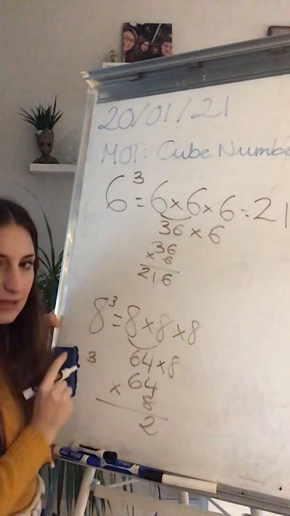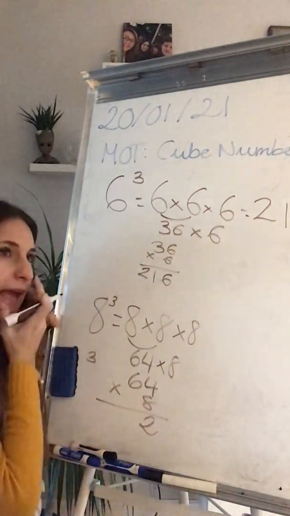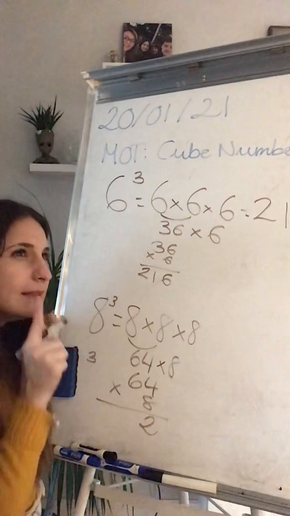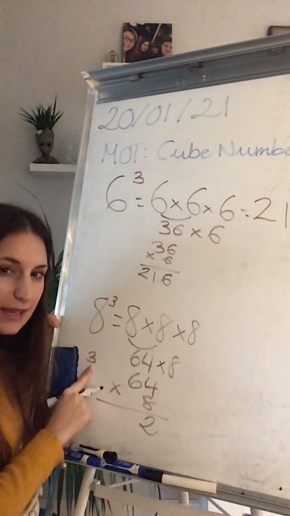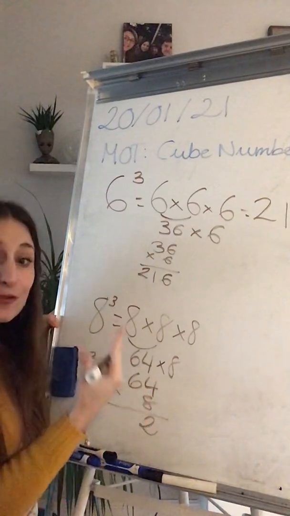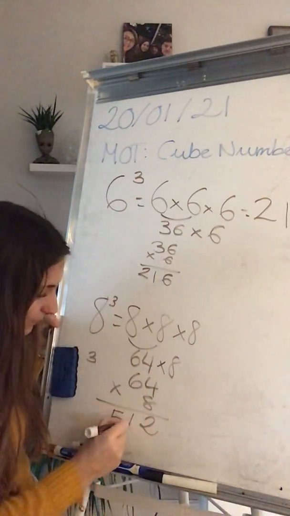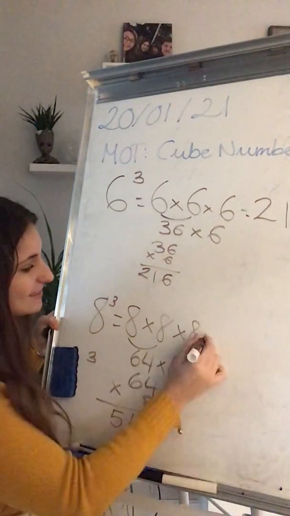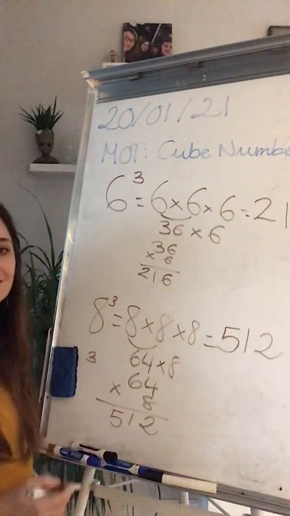I'm going to put it there so I don't forget it. 8 times 6 is 48, and 3 more makes 51. So the answer is 512.